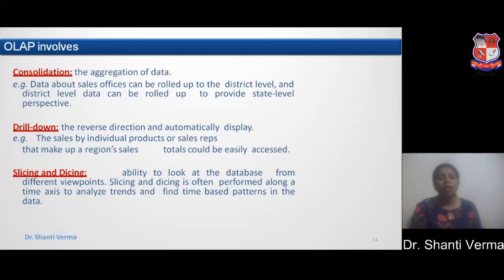This is the ability to look at the database from different viewpoints. Slicing and dicing is often performed along a time axis to analyze trends and find time-based patterns in the data. So, if we have to find monthly trends, yearly trends or day-wise trends, we can use slicing and dicing.